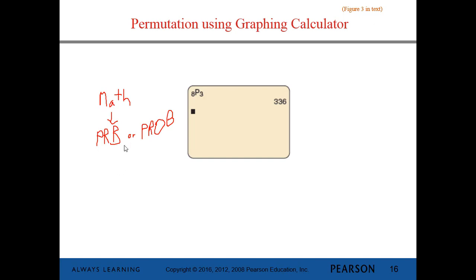Okay, so either one of those. And then under the probability menu, you just look for the N choose or NPR on your calculator.